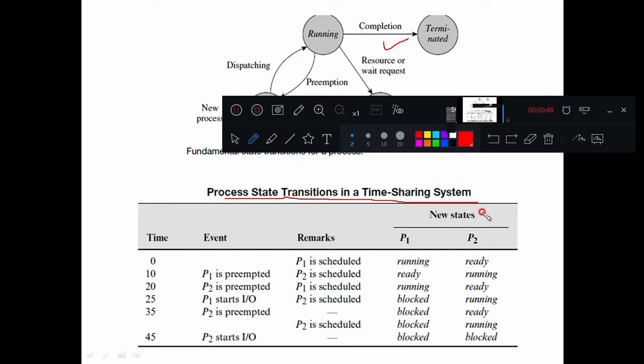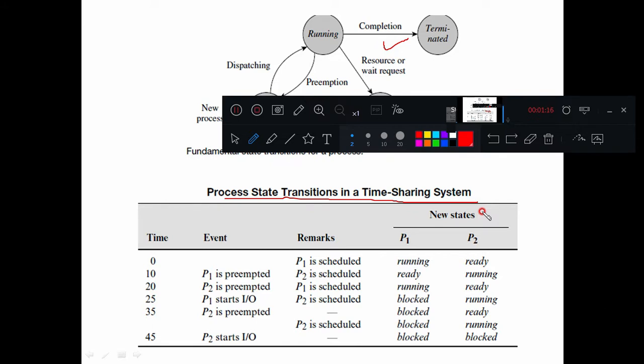Then the CPU will be allocated to P1 only for a certain amount of time. Once that certain time is over, the CPU will be released by the first process and given to the second process P2. So on a rotational basis, the CPU will be allocated to P1 and P2.